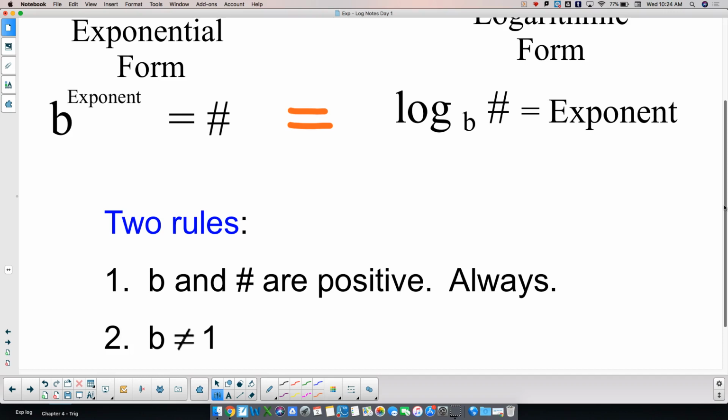Now, when we get into solving equations tomorrow and the next day and next week and up until the end of first semester, if it's in exponential form, we're going to solve it by putting it into logarithmic form. If it's in logarithmic form, we're going to solve it by putting it in exponential form.